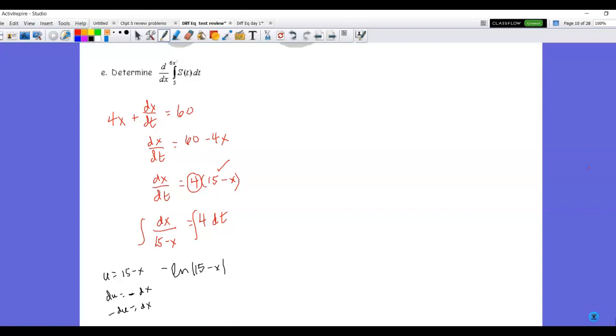Now I can do that as a complete u substitution on the side if needed. On the right-hand side, when I find the antiderivative of 4 in terms of t, I get 4t plus c.